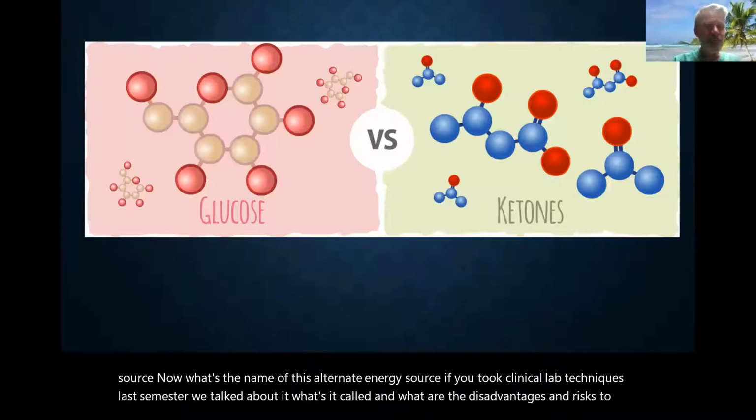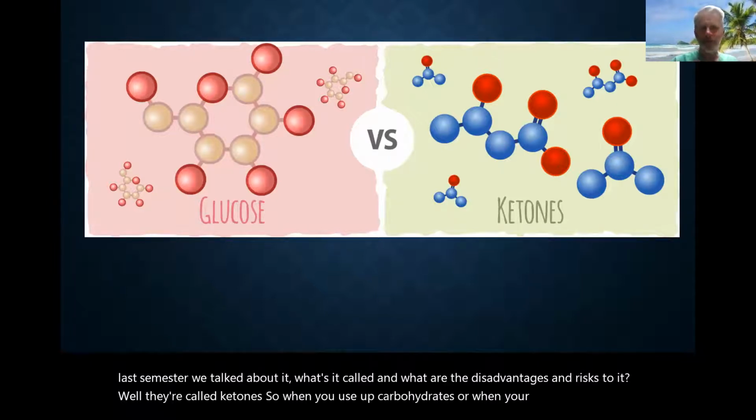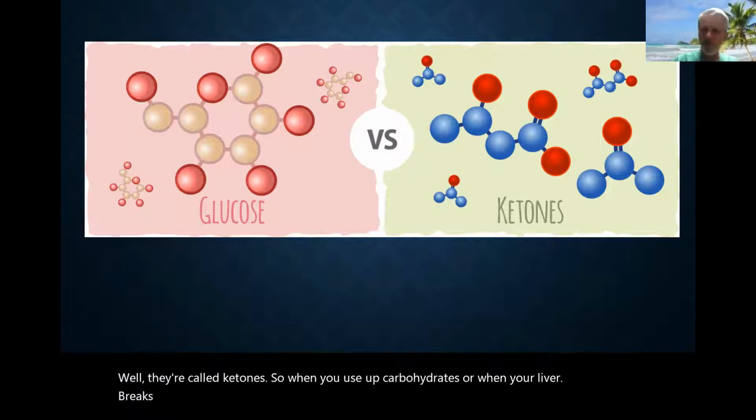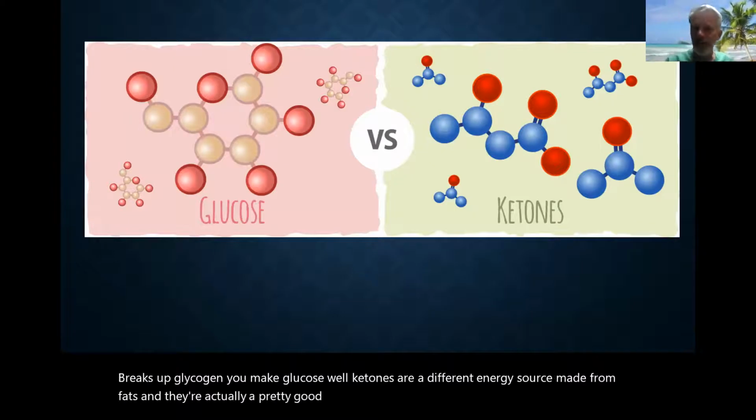Well, they're called ketones. So when you use up carbohydrates, or when your liver breaks up glycogen, you make glucose. Well, ketones are a different energy source made from fats. And they're actually a pretty good energy source. If you're starving and you're burning fat, thank goodness you got ketones, right?